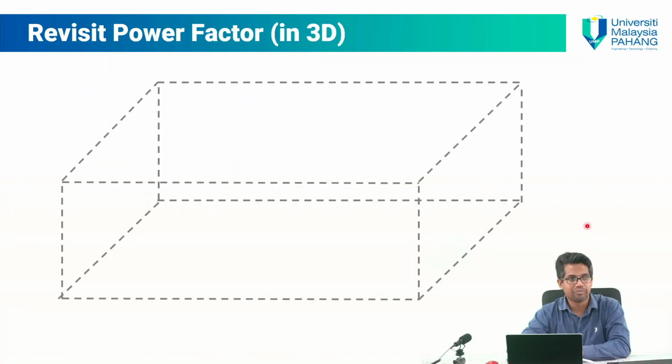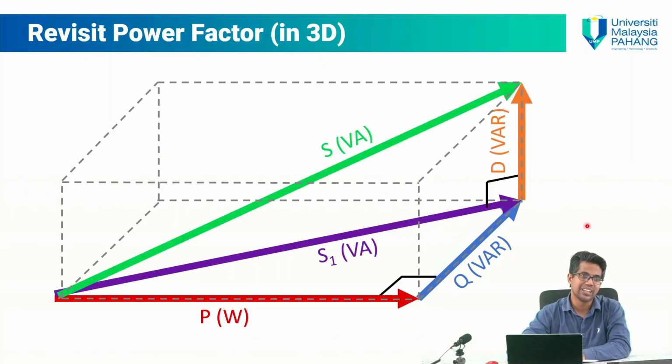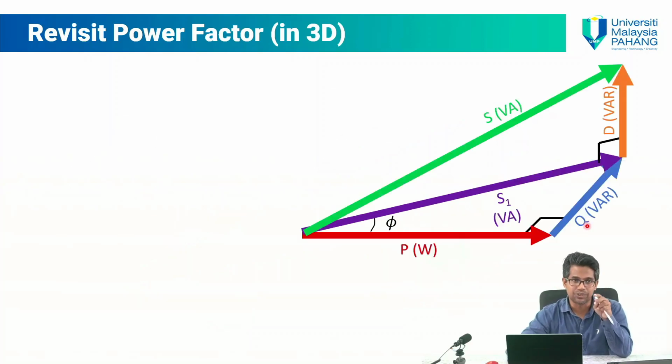Let's revisit the power factor, but now in 3D form. This is our previously known power triangle. Now, because we got another component, D, we got S there. Let's move into power factor.